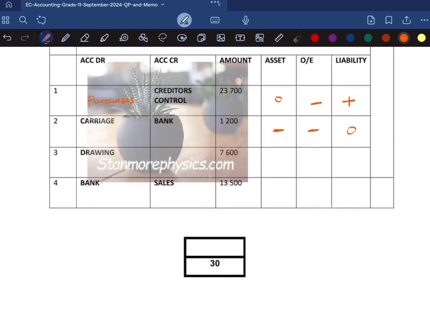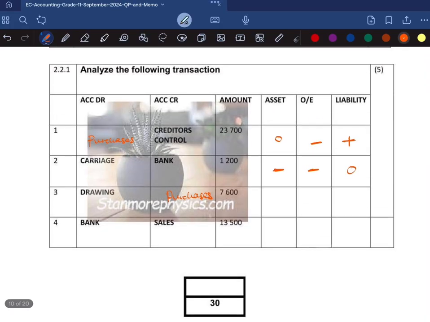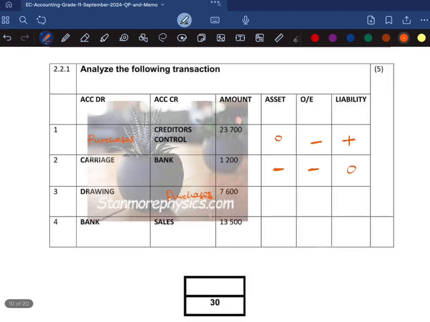Okay, we're already given drawings, and here we have purchases, right? And then what's happening to our assets? Nothing happens to our assets because our trading stock is not sitting as an asset, but it's sitting in the purchases account, right?